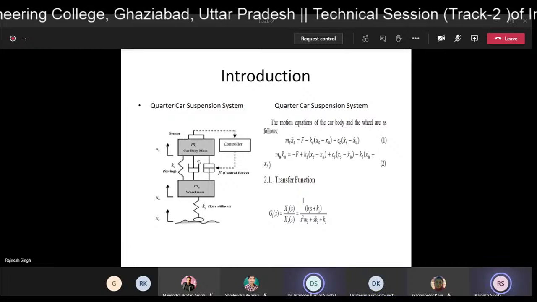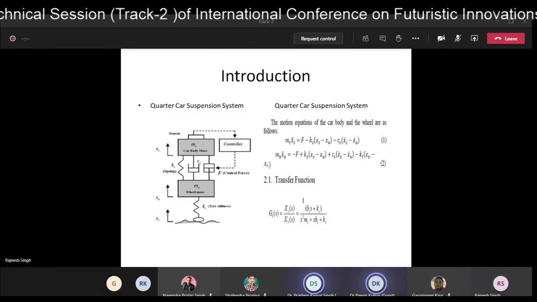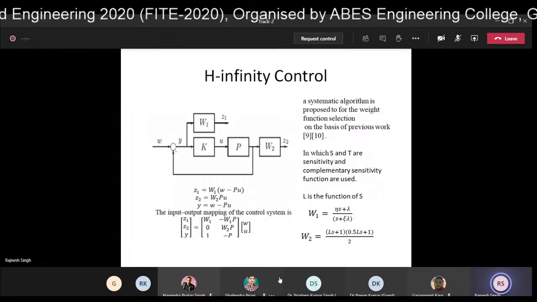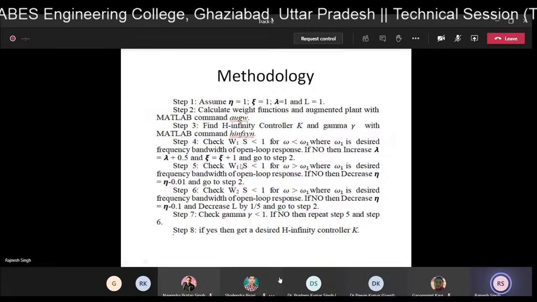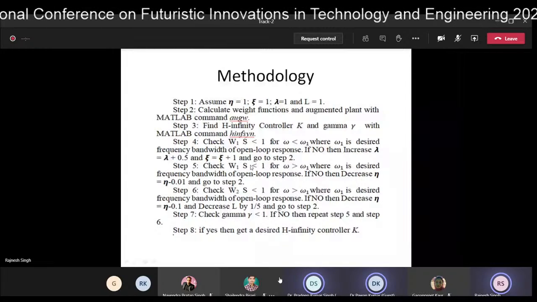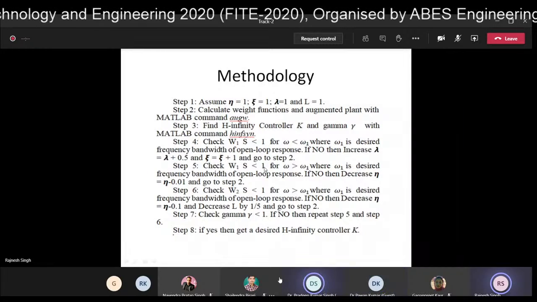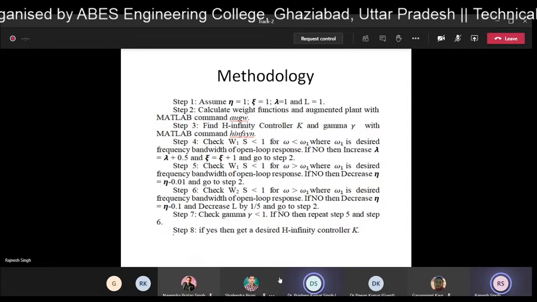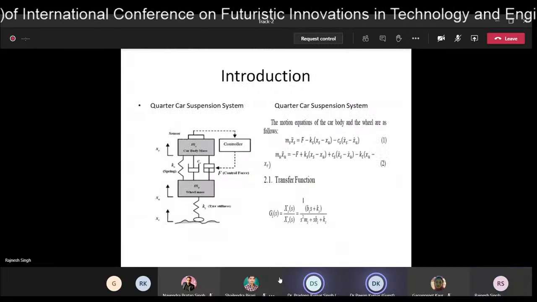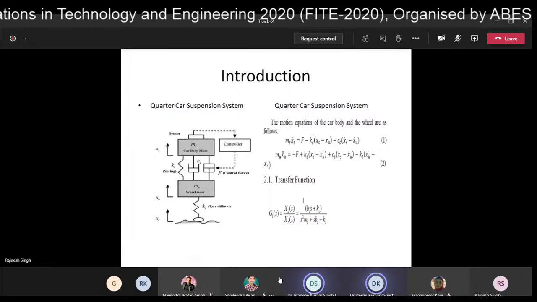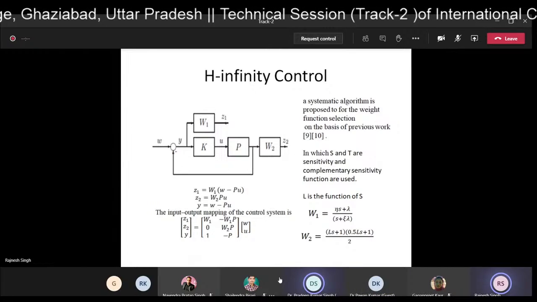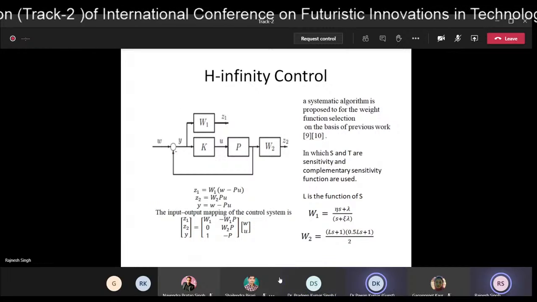What are the salient features of the H infinity controller? I'm saying that the maximum of the sensitivity value should be under 1, between 0 and 1. This feature can be used in designing the weight functions. What do you mean by W1, W2? W1, W2 are the weighted values for the error and the output.